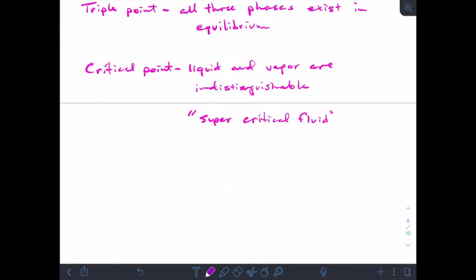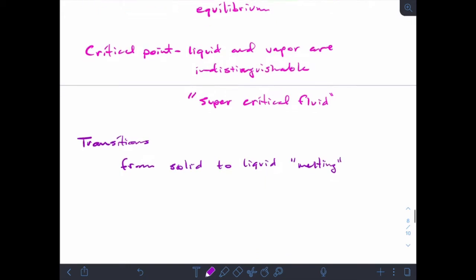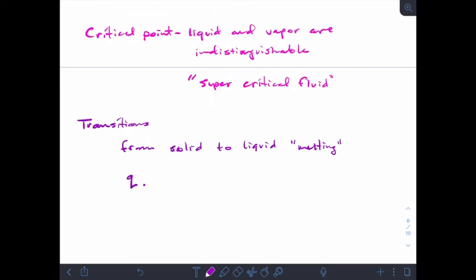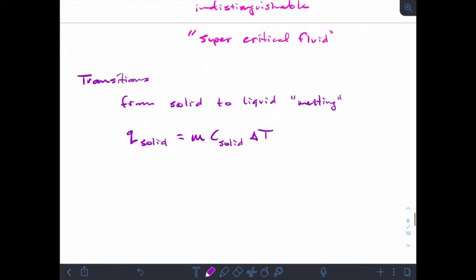Okay, so when we're talking about transitions from one state to another, if I'm going from solid to liquid, otherwise known as melting, I will have Q of the solid equals mass of the solid, C of the solid, delta T. Okay? But all that is warming up the solid.